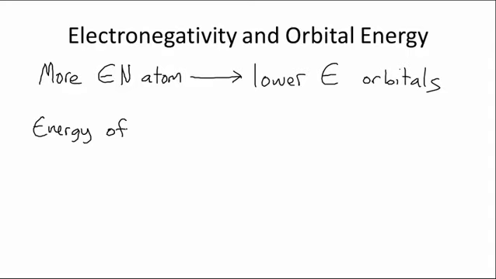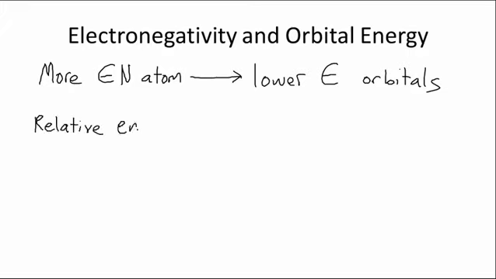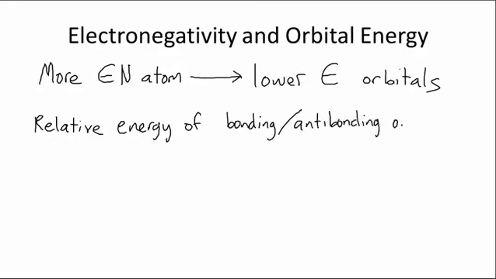The relative energy of bonding and antibonding orbitals will be based on the sum of the electronegativity of the two atoms involved.